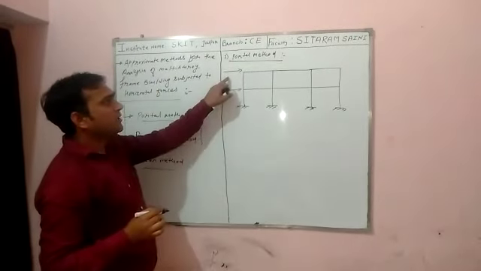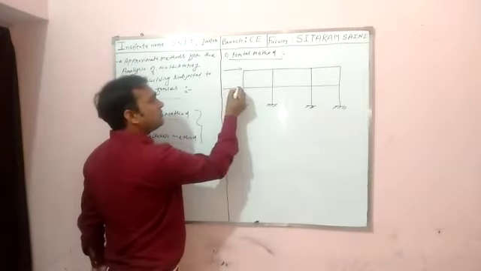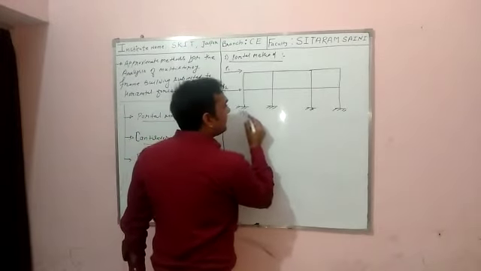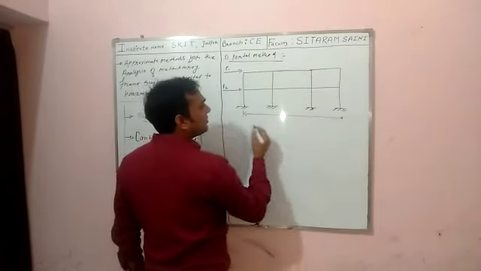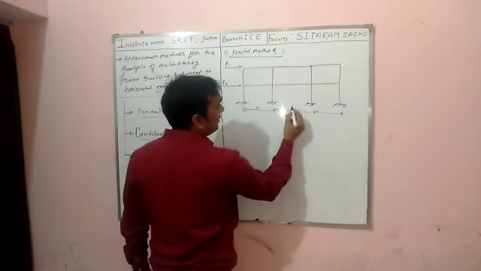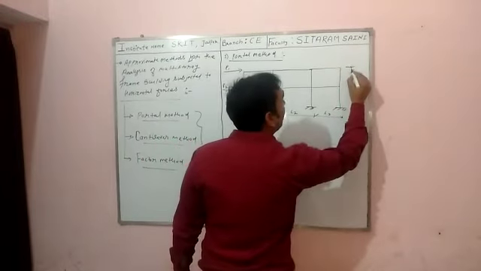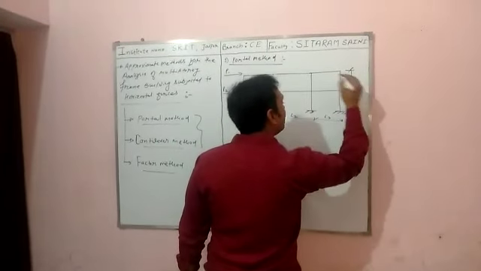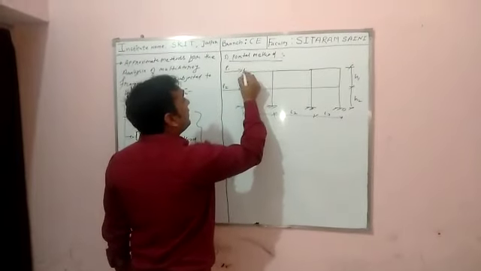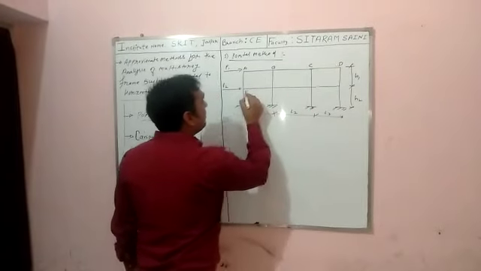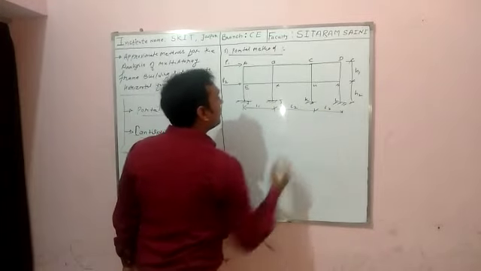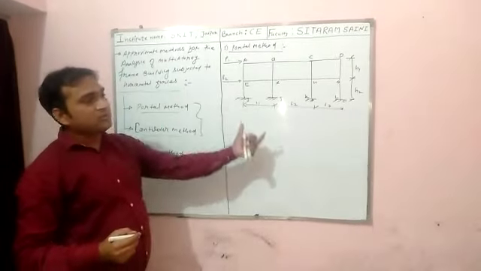These are 1 and 2, windward direction horizontal forces P1 and P2, and in the x direction there are 3 bays 1, 2 and 3, having lengths L1, L2 and L3, and the heights of the stories H1 and H2. Joints A, B, C, D, E, F, G, H, I, J, K, L. This is the multi-story frame building.